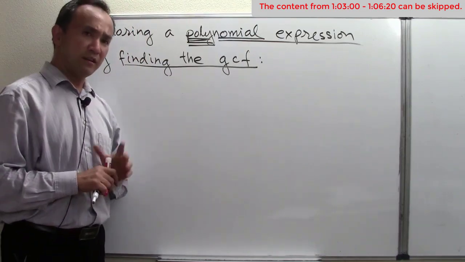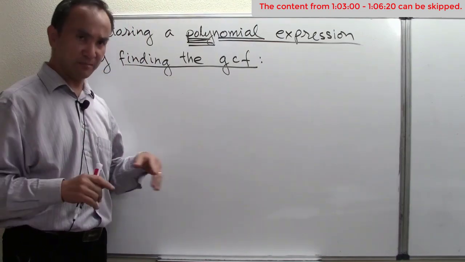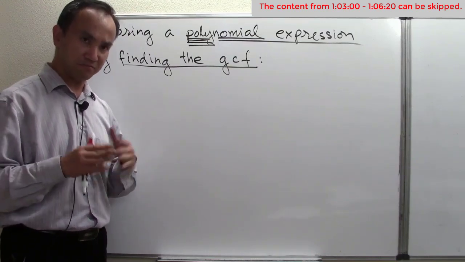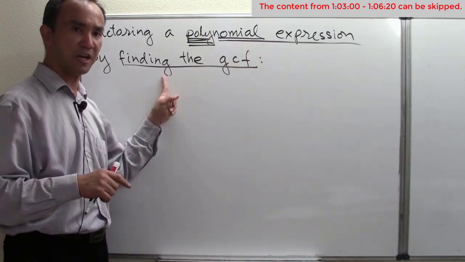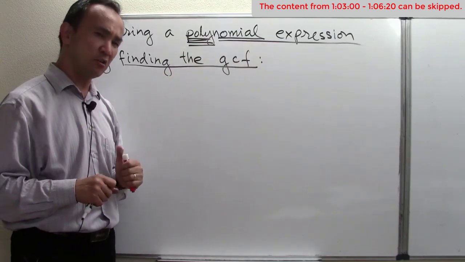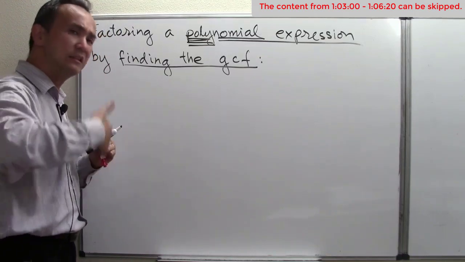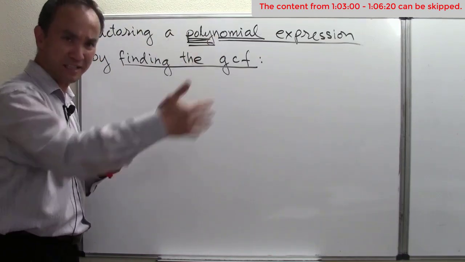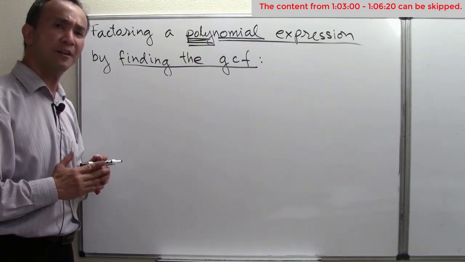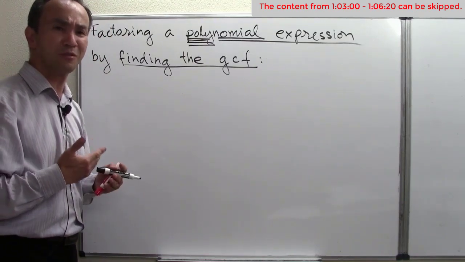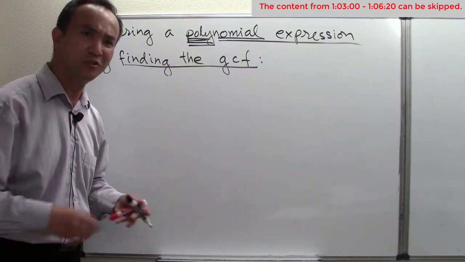All right, and so now at this point, of course, I could not reach all details here, but I have covered enough understanding of how we can factor a polynomial expression by finding the GCF. And it's a skill that will live for the rest of your mathematical career. Right now, admittedly, it is quite early to see all of the reasons why we're learning how to do factoring.